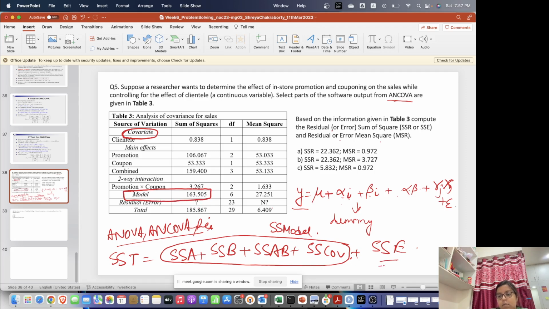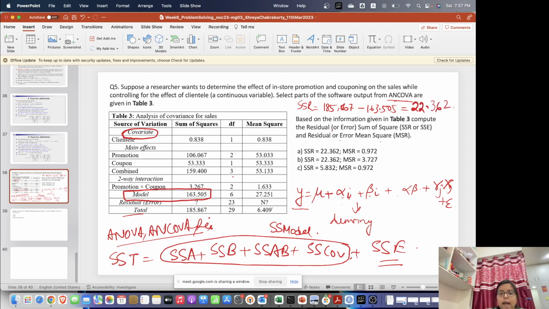Therefore, the error sum of squares or residual sum of squares would be the total minus the model sum of squares. So SSR would be 185.867 minus 163.505, and this would come out to be 22.362.